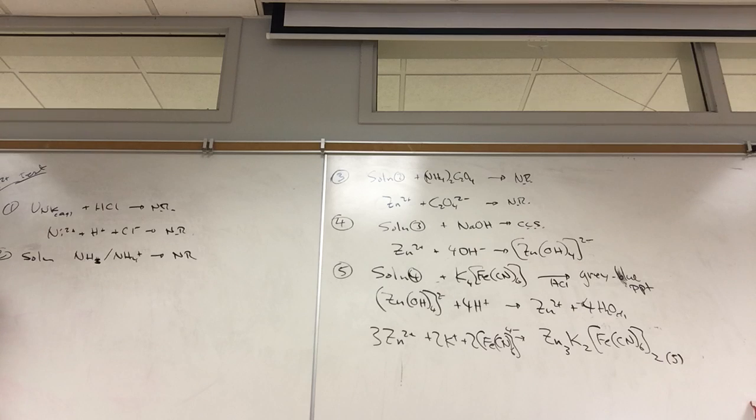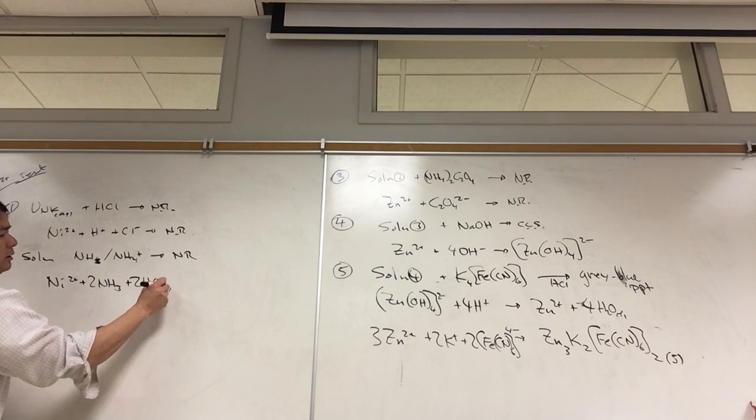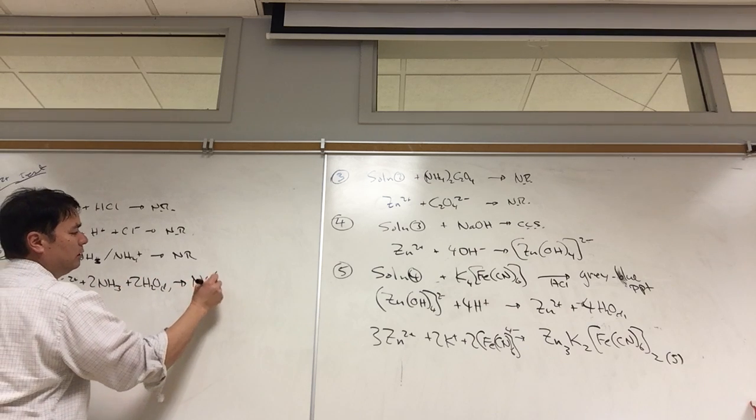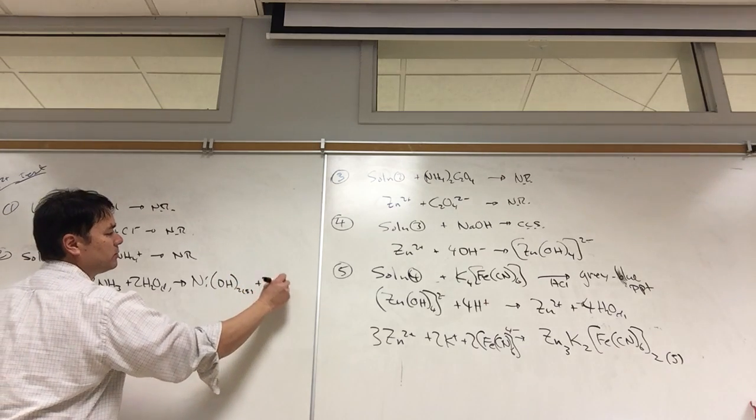But really, nickel hydroxide is insoluble. Do we complex nickel? So here we've got Ni2+ plus 2 ammonias plus 2 waters yields nickel(II) hydroxide solid plus 2 ammoniums.